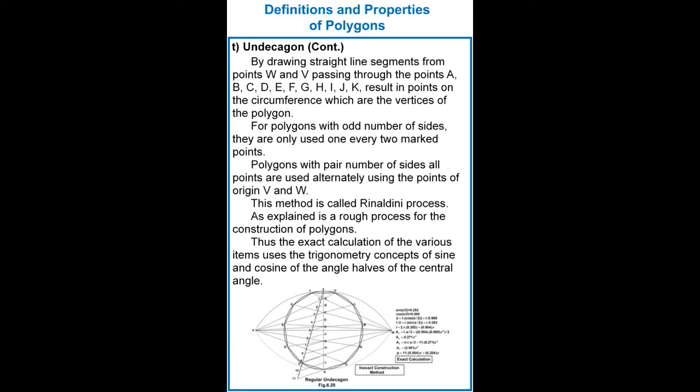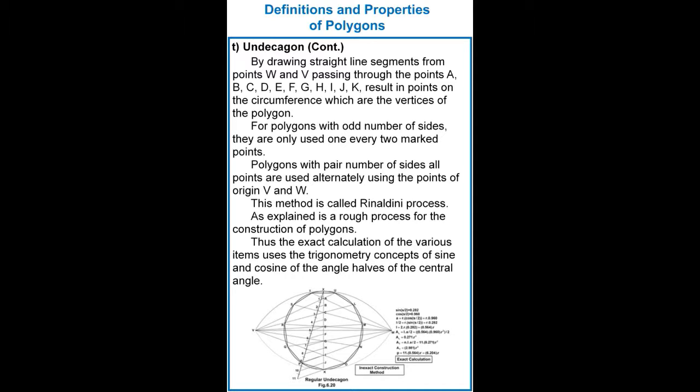This slide completes the presentation of the construction of the regular polygon Undecagon. Figure 6.20 is represented. Now, segments of straight lines are drawn from points V and W through points A, B, C, D, E, F, G, H, I, J, and K. The intersection of these segments with the circumscribed circumference determines the vertices of the regular polygon.